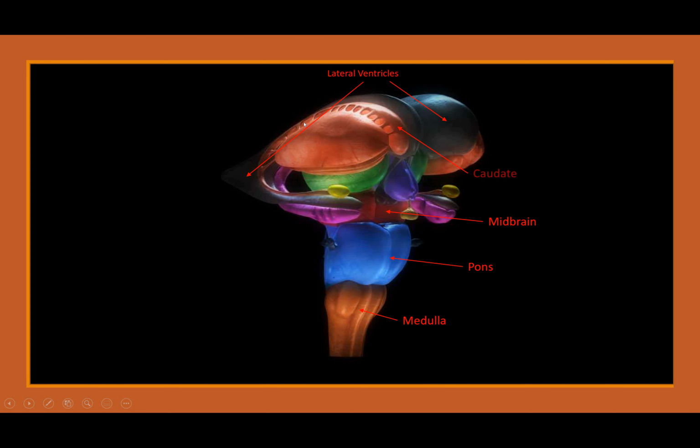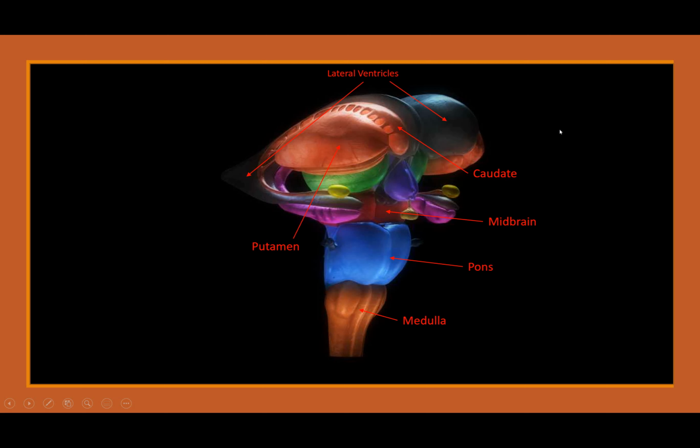That is the caudate. And right next to the caudate, this big oval structure here, that is the putamen. So we can see our brainstem, lateral ventricles. Right next to the ventricles is the caudate, and then a little bit of space, and then there's the putamen.